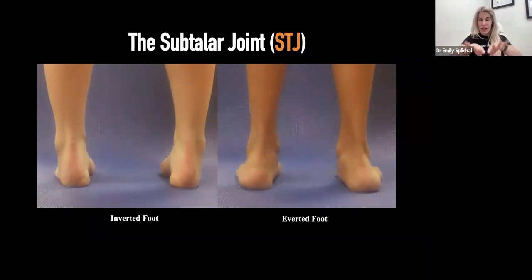And these movements, inversion and eversion, are what we are going to identify with the subtalar joint, okay? So your subtalar joint is moving in the frontal plane, inversion and eversion. Beautiful. I just want you to write that down. Subtalar joint equals inversion plus eversion, okay? Right, all we're doing is talking about the joints, how they move, okay?